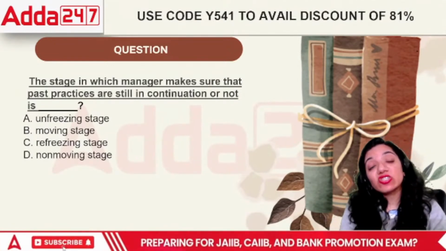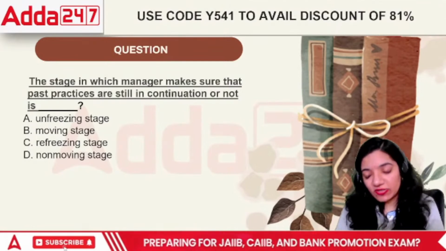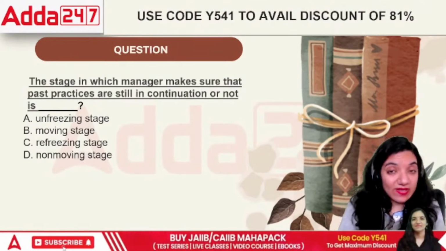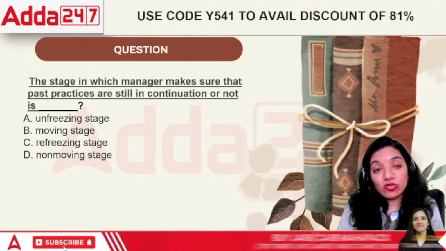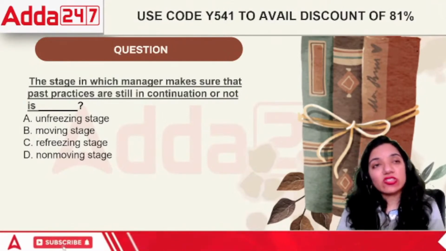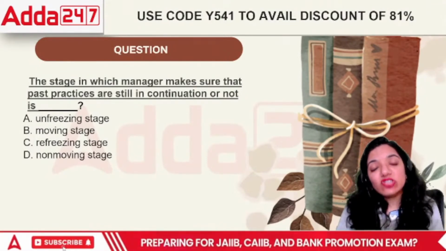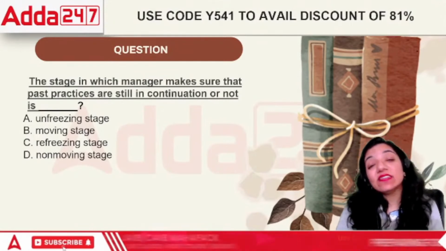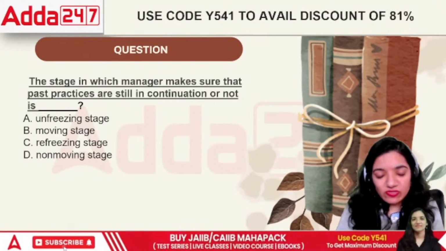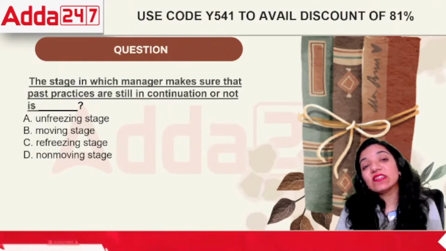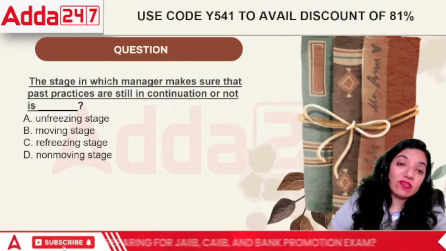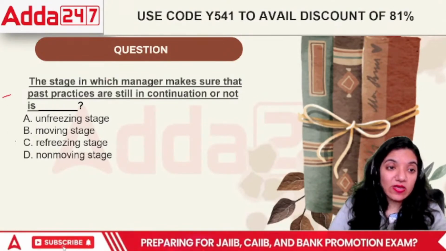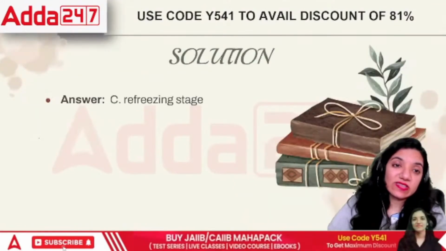See, whatever we decide by the end of this is how it's going to be. You refreeze it. First of all, unfreeze, then change, then refreeze. These are the 3 movements in terms of the change process. So in this case, we are making sure that whatever we have taken up, we are continuing it further. We'll call it the refreezing stage.